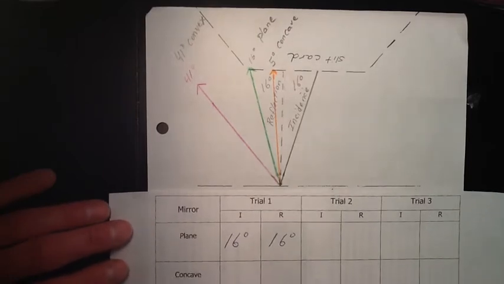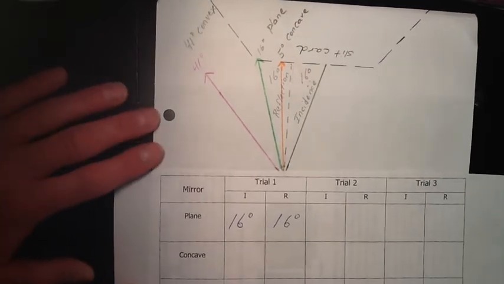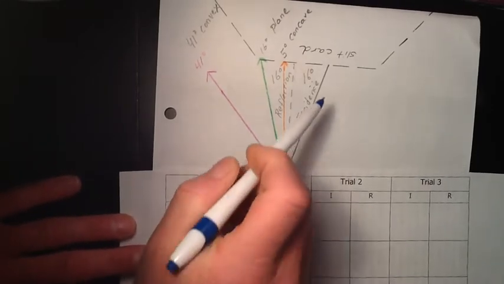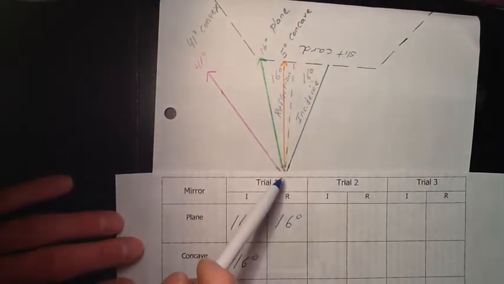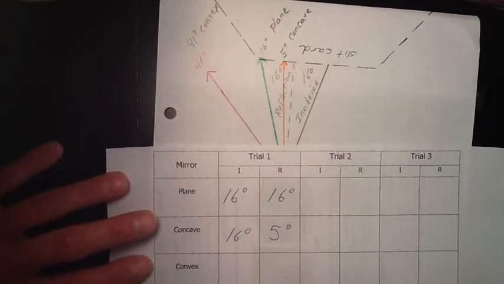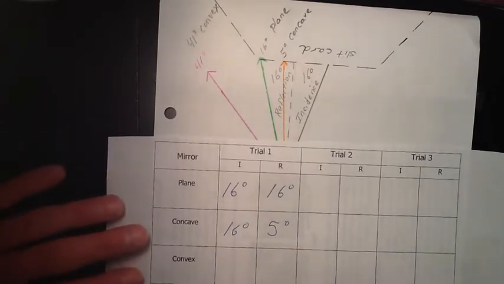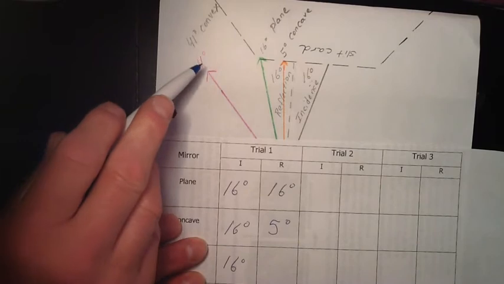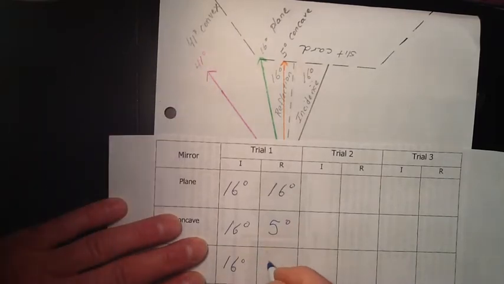For the concave mirror, the angle of incidence was 16 degrees, but the angle of reflection was only 5 degrees. Finally, with the convex, our angle of incidence was 16 degrees, and the angle of reflection, 41 degrees.